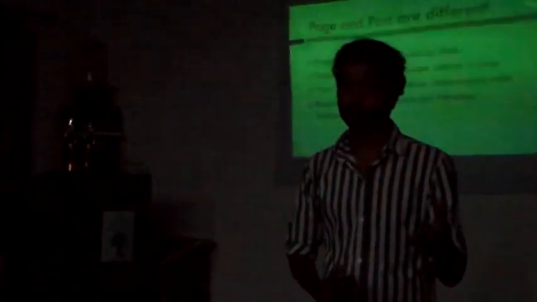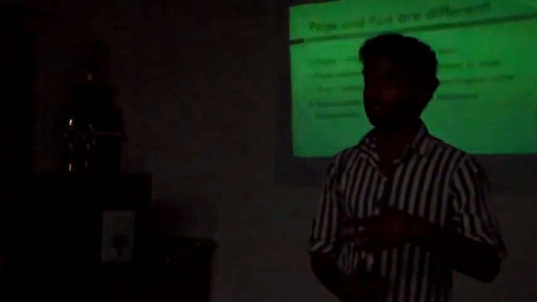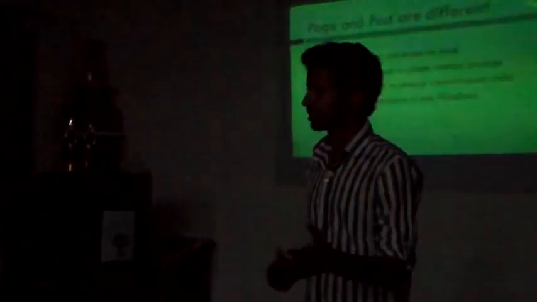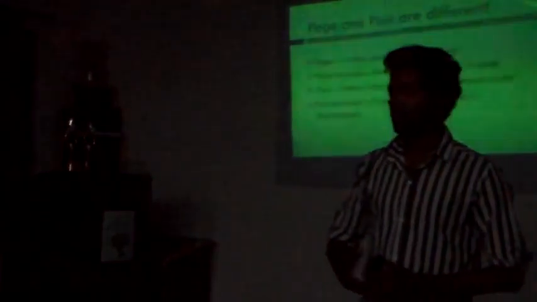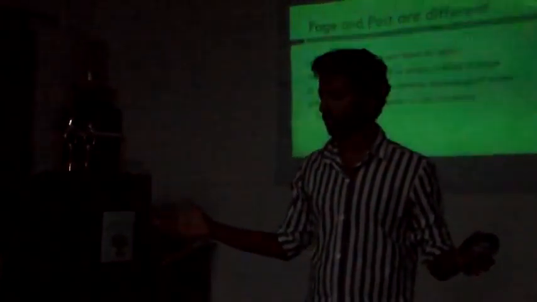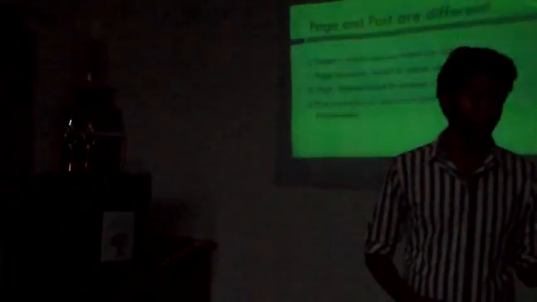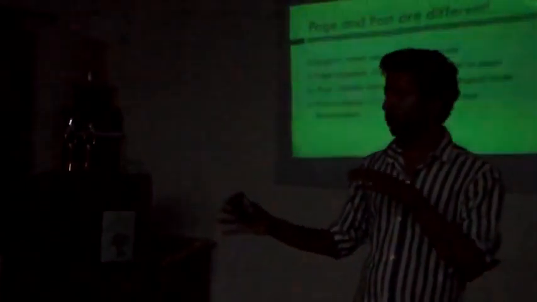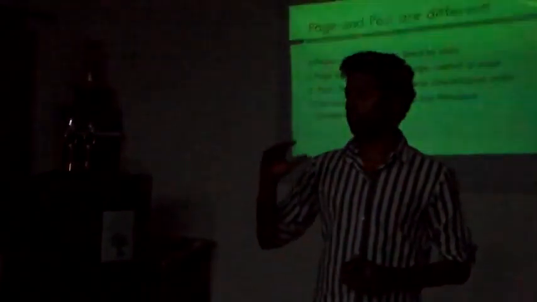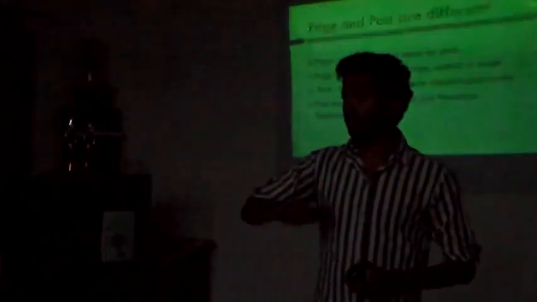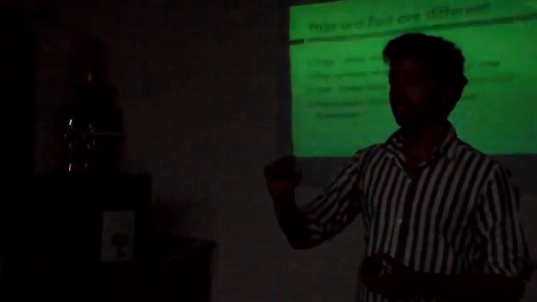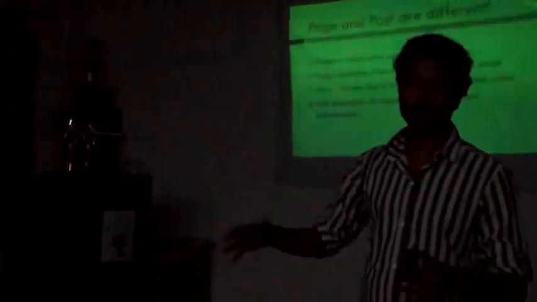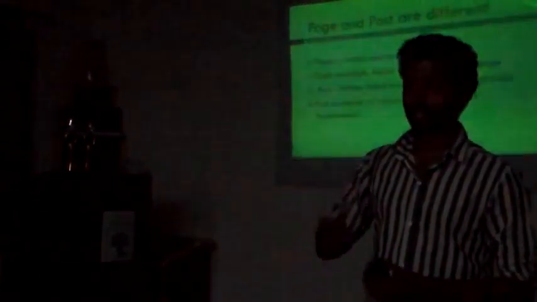Page is like, when you say page, about us is a page, contact us is a page. But when you say post, it's like you read a blog and it says something like 10 reasons why you should join Toastmasters, or 10 reasons you should travel to Nepal. So all these are posts and pages. This information is quite important to know what you want to create. So once you are clear that you need a page, like an about us page or contact us page, you create a page.